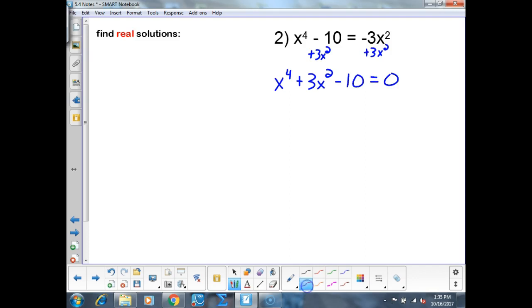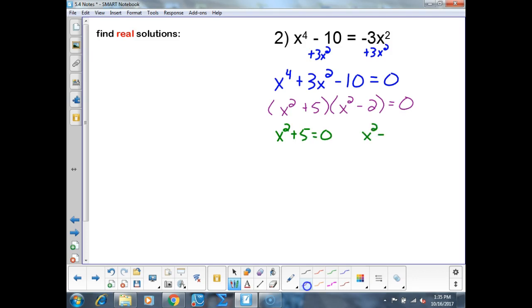Then I would factor that. X squared plus 5 and x squared minus 2. Agree with that? Okay. Then x squared plus 5 equals 0.